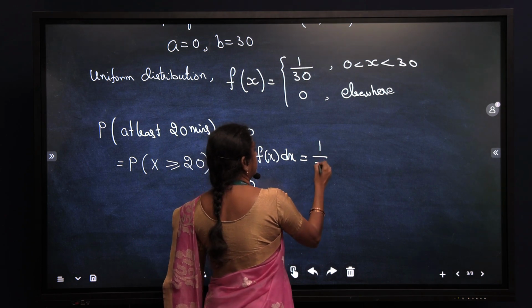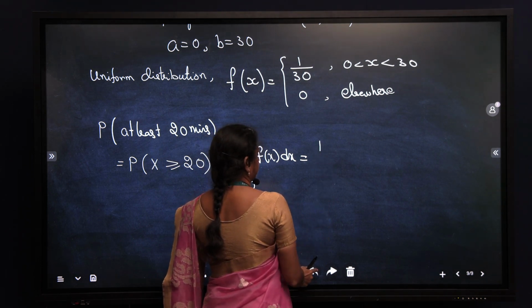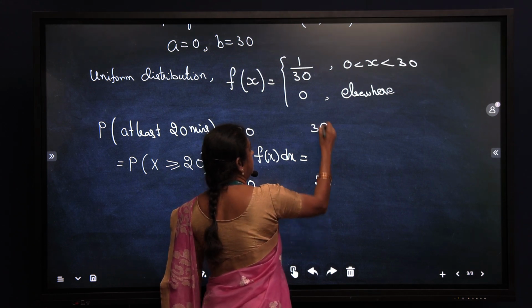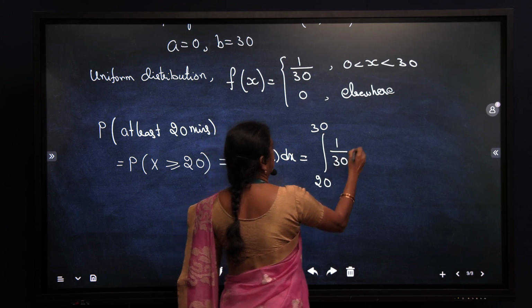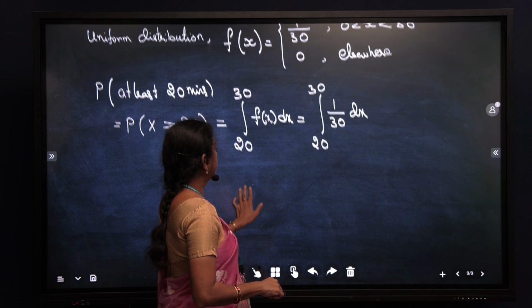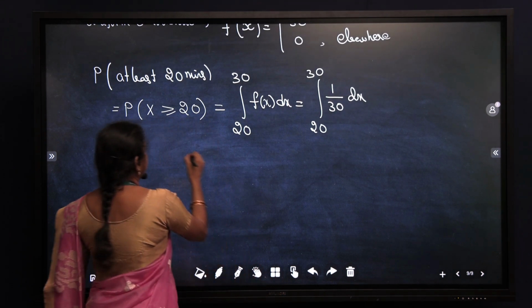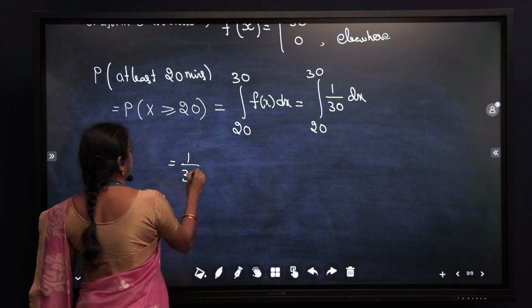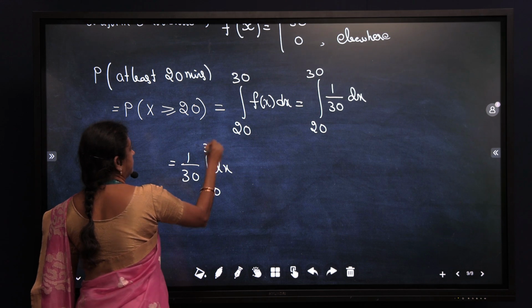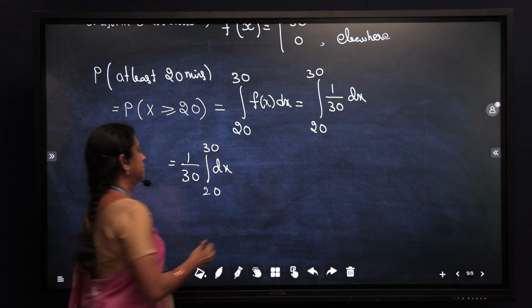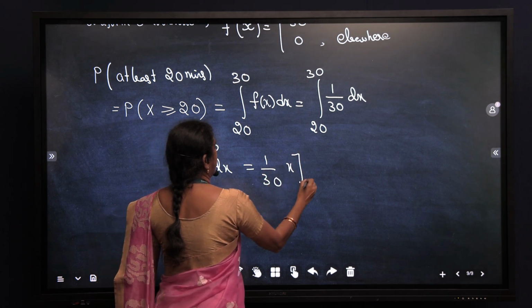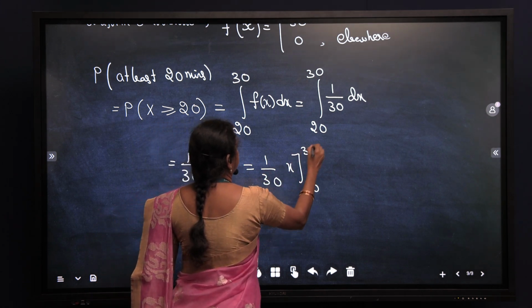So we have the integral from 20 to 30 of 1 by 30 dx. Now 1 by 30 is constant, so we can write this as 1 by 30 times the integral of dx between limits 20 and 30, and we know the integral of 1 is x, so 1 by 30 times x between 20 and 30.